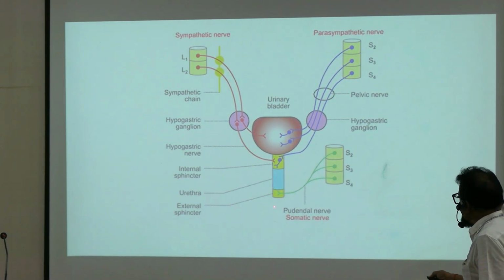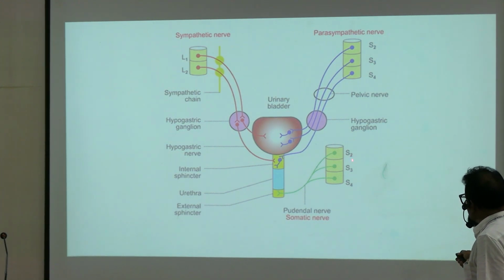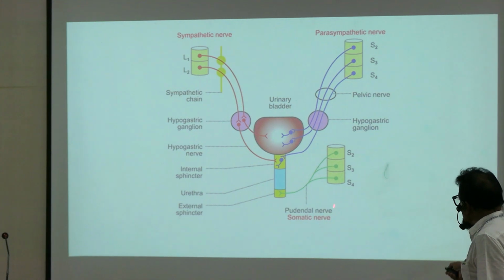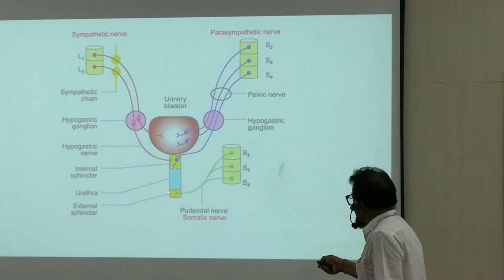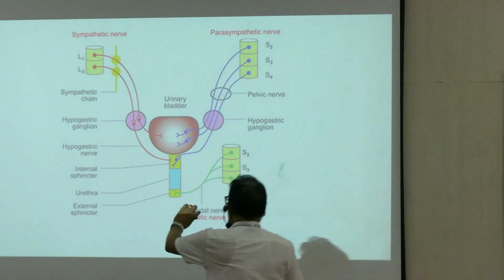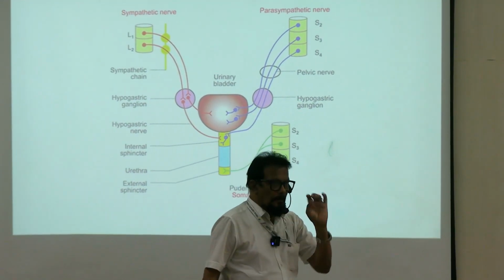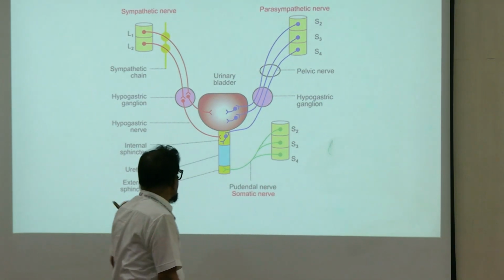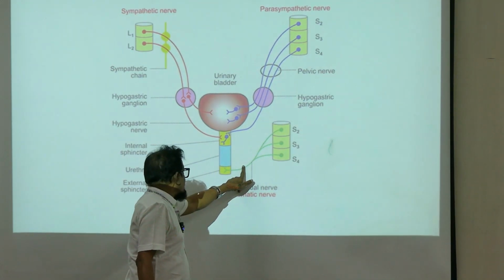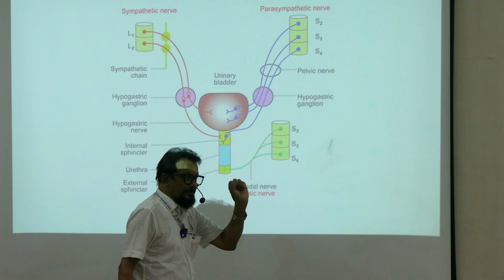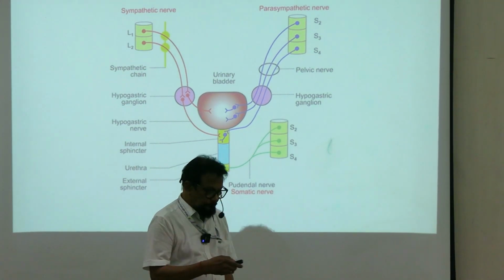This is the external sphincter supplied by nerves from S2, S3, S4. These are somatic nerves. These are circularly arranged skeletal muscles. When these nerves are stimulated, the muscles will contract and it will close.